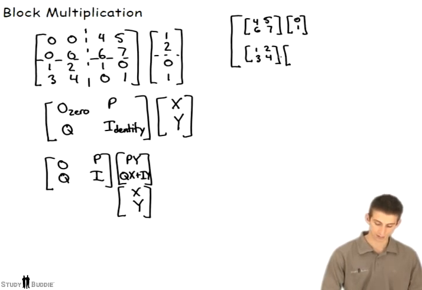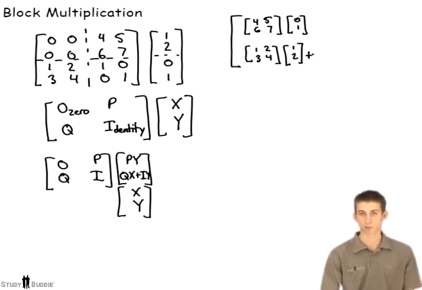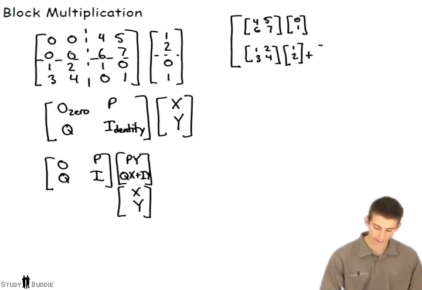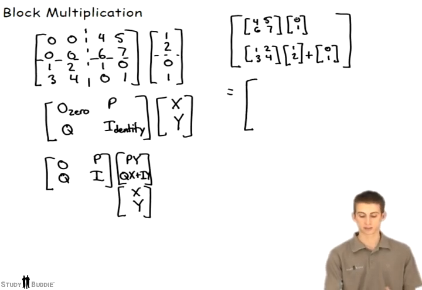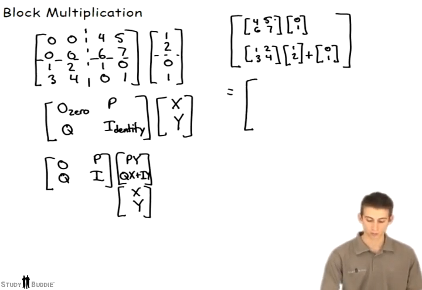X is going to be this top part, 1, 2. And we're adding I times Y, or just adding Y, so we're adding 0, 1. If we work that out further, performing this multiplication at the top, we know the result is going to have 2 rows, 1 column.